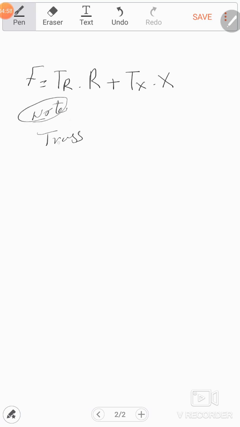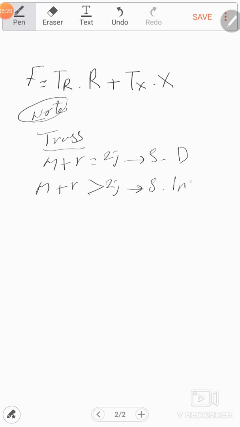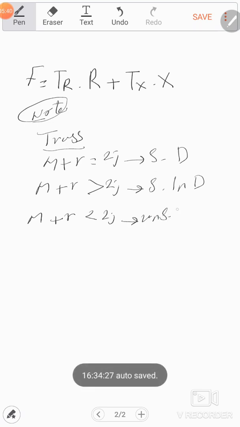For truss, we have 3 cases. m plus r equal 2j, that means statically determinate. m plus r bigger than 2j, this is statically indeterminate. Then the third condition, m plus r less than 2j, equals unstable.